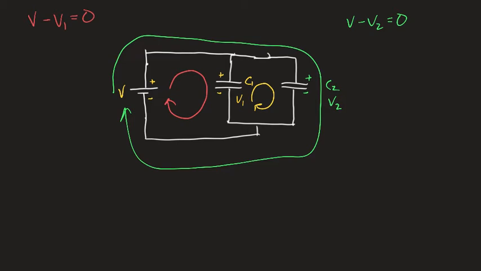So can we all see that V has to equal V1 and V2? Right? If V1 is equal to V and V2 is equal to V, then V1 has to be equal to V2. Transitive property.